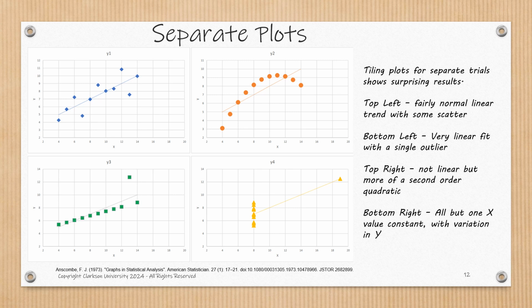And then in the bottom right corner, we have probably a test equipment issue where most of our data is just reading a constant length at 8 with a little bit of noise in the weight measurement, except for one top right triangle there that's reading about 19 inches and about 12 pounds.